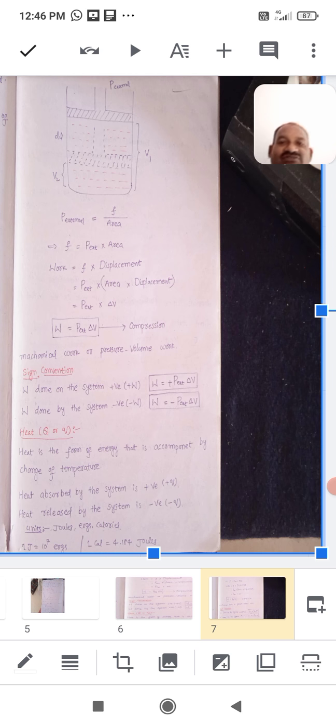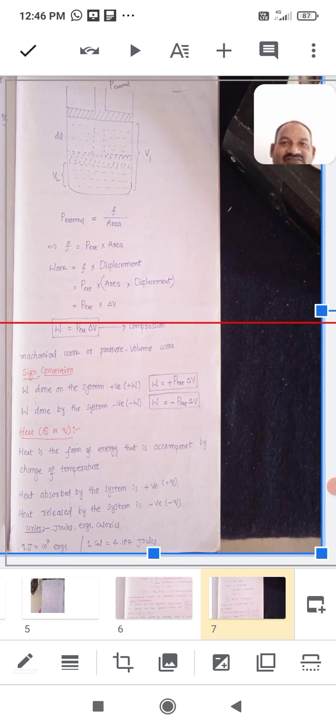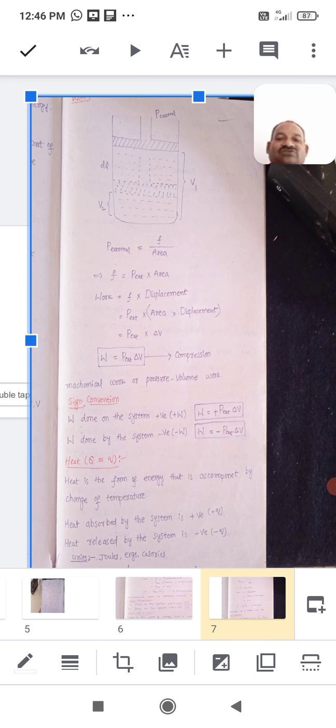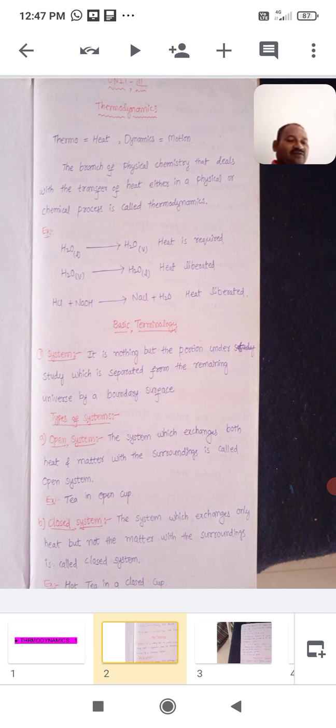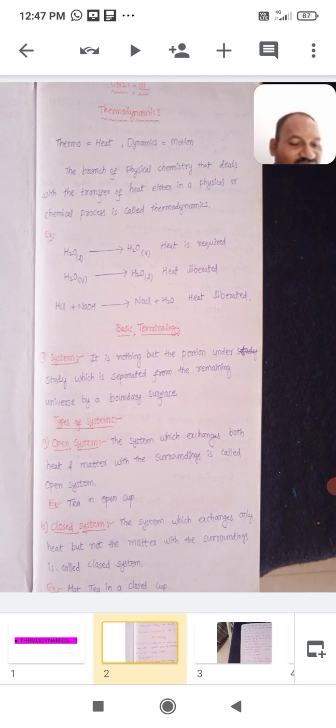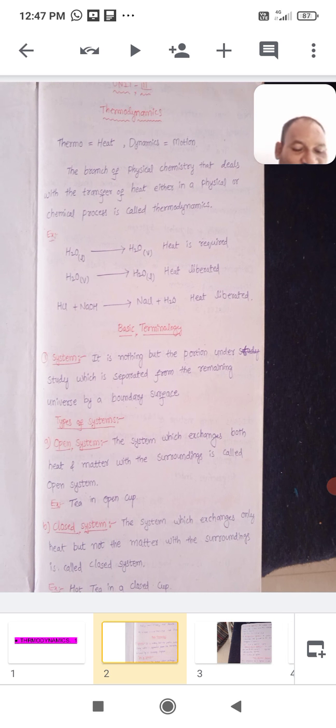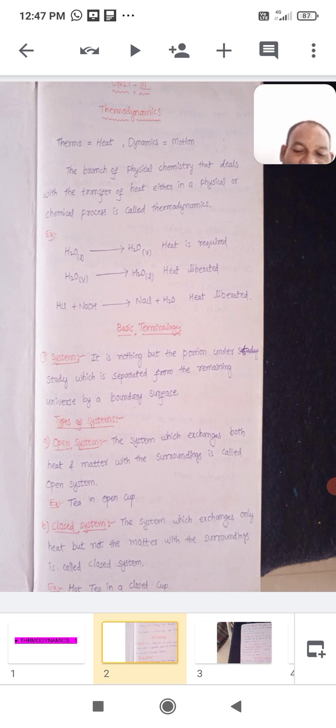So today we discussed these things. What are they? Thermodynamics and basic terminology. What are they? Open system, closed system. What is the system? Isolated system, homogeneous system, heterogeneous system. Thermodynamic properties. What are the properties?